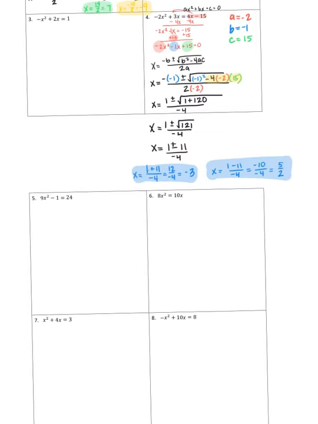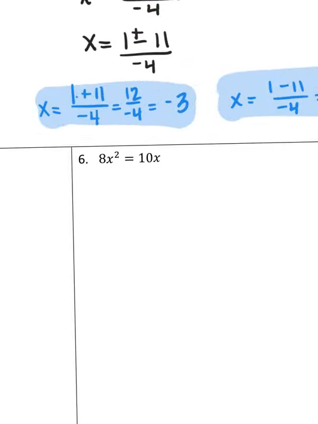The only one I'm going to just set up for you is number 6. We're going to subtract 10x from both sides. So we now have 8x squared minus 10x equals 0.